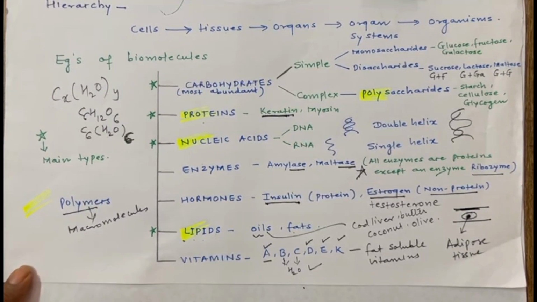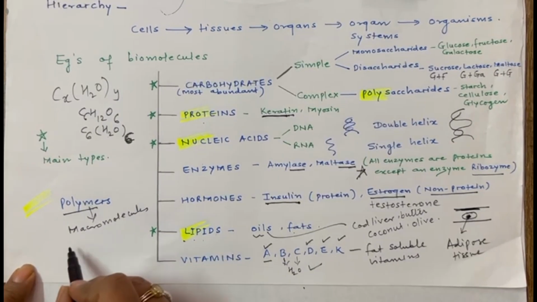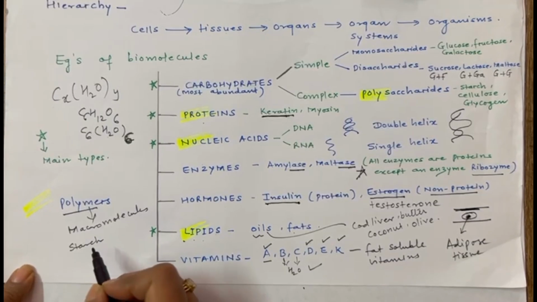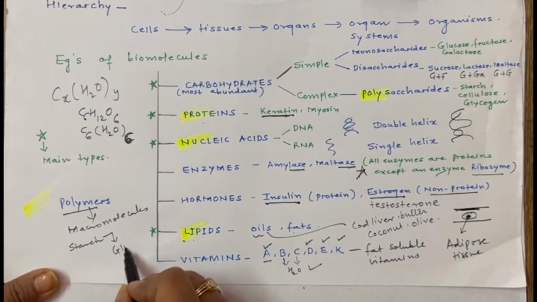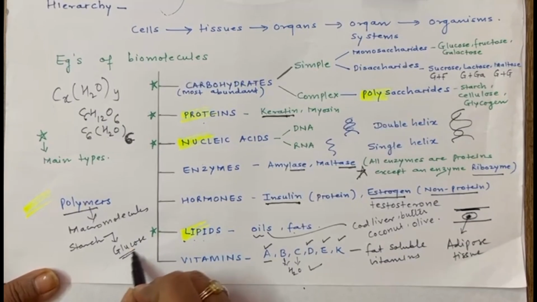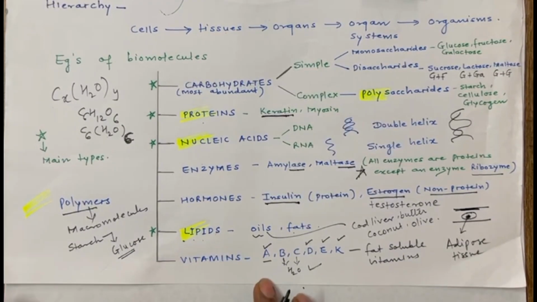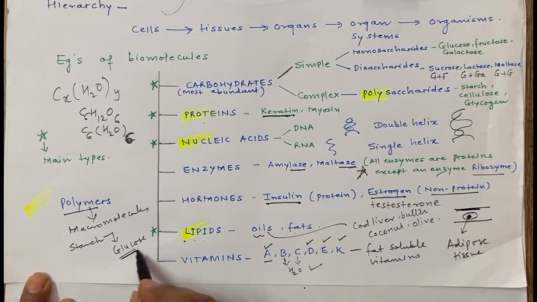So all the macromolecules, which are basically big sized molecules, for example we have starch, which is a kind of polymer, and it is basically made up of glucose. Many glucose units together make up starch.